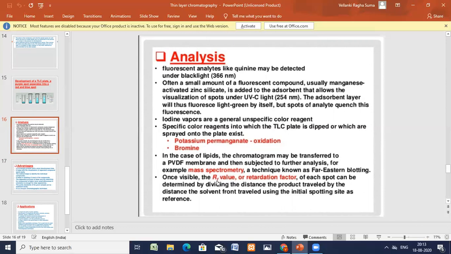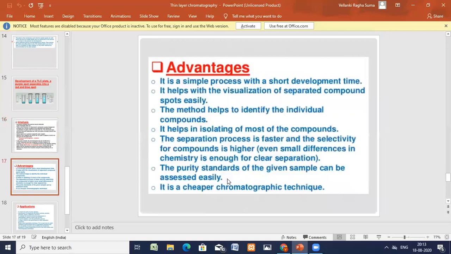This is a very important point for you to remember during analysis. Rf value is equal to the distance traveled by the spot divided by the distance traveled by the solvent front, from the initial spot. With reference to this Rf value, we can identify the spots. In this way, the spots of different components can be detected and located.